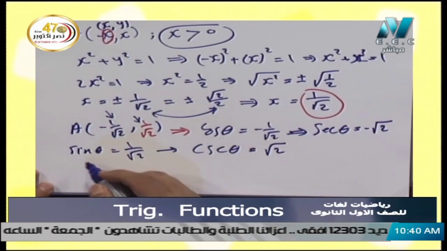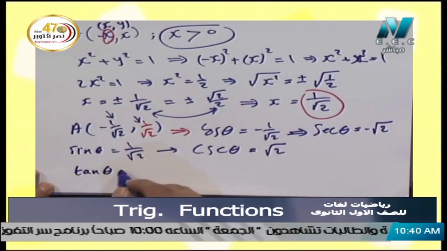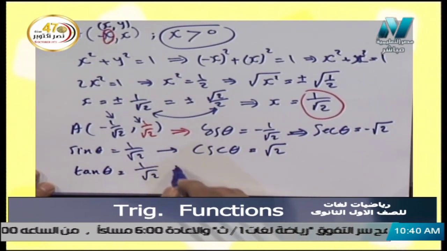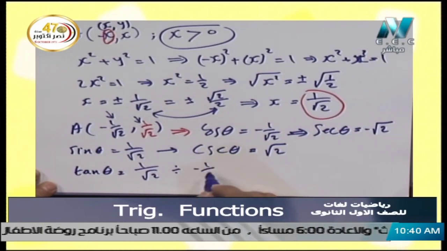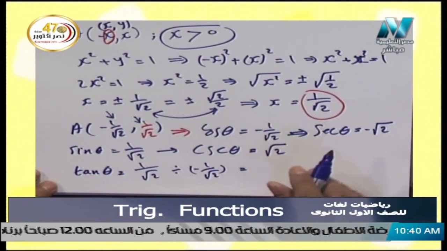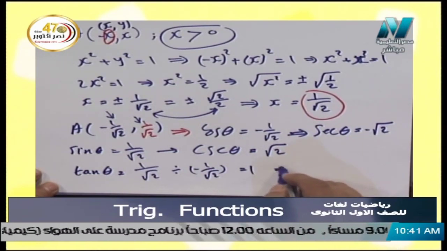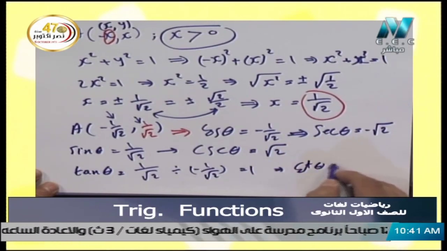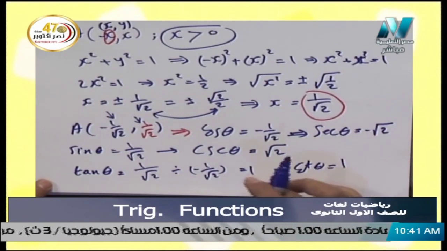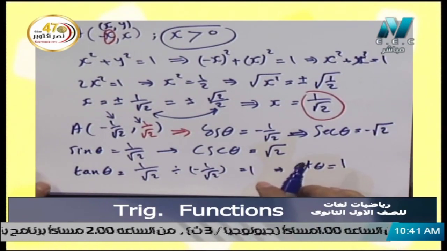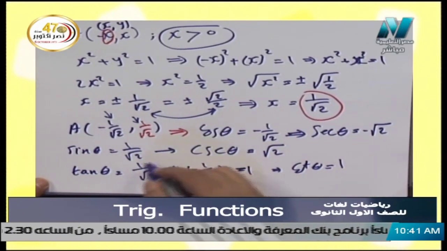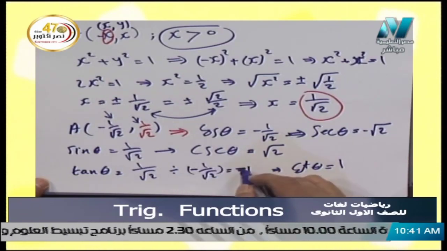And we know that tan theta equals sine theta, which is 1 over root 2, divided by cosine theta, which is negative 1 over root 2. So tan theta here is negative 1, because 1 over root 2 divided by negative 1 over root 2 is negative 1.